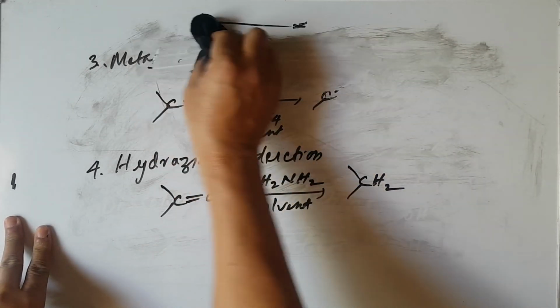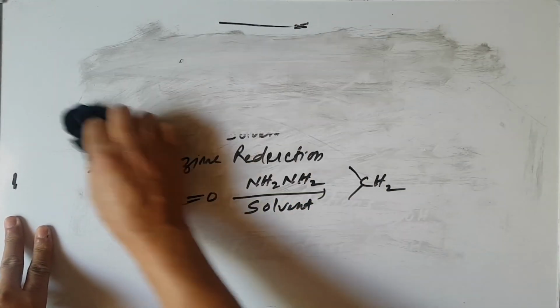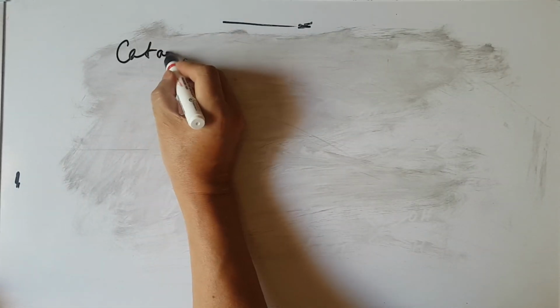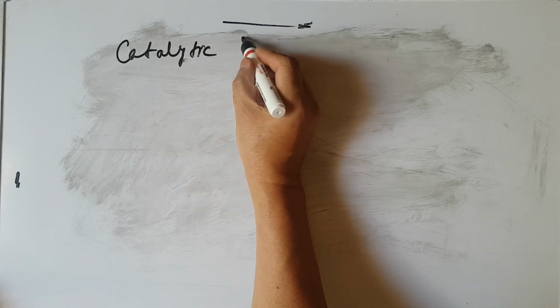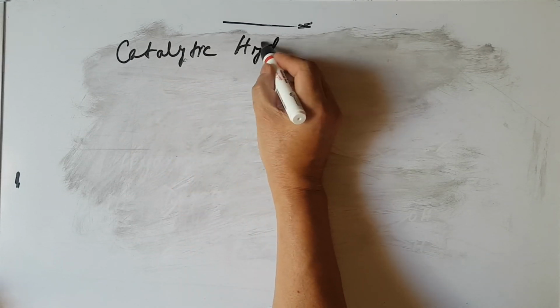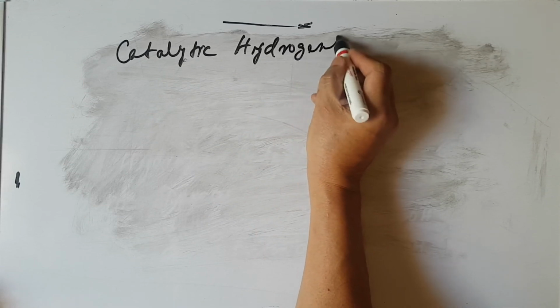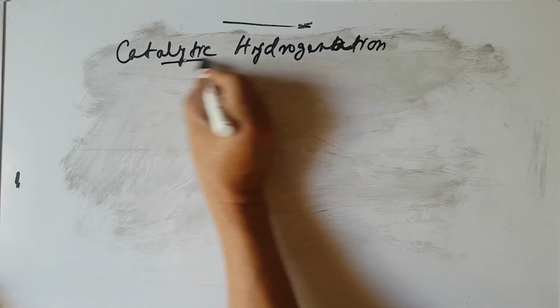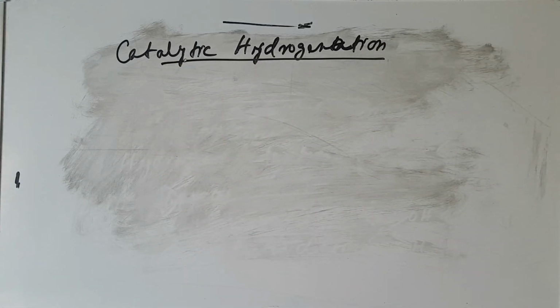Let's study the first one, catalytic hydrogenations, in detail. Catalytic hydrogenation is the addition of hydrogen in the presence of a catalyst. It can be divided into two types: homogeneous and heterogeneous.